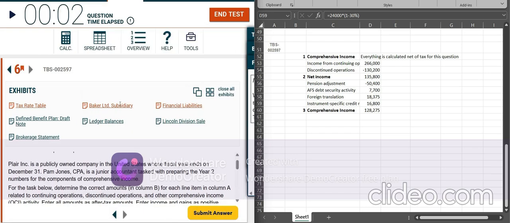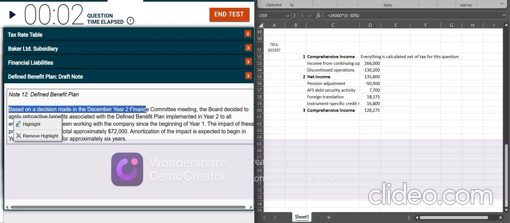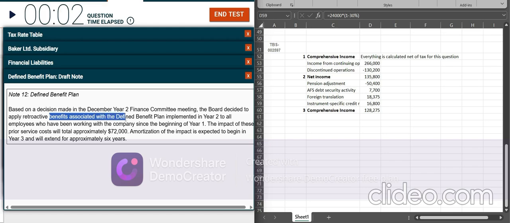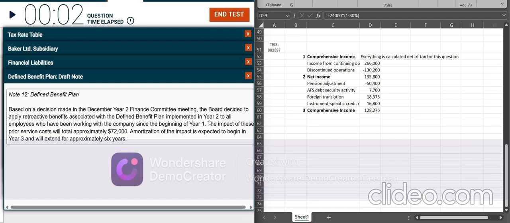Now take a look at the fourth exhibit, which is the defined benefit plan draft note. In this exhibit, based on a discussion made in the December year 2 finance committee meeting, the board decided to apply retrospective benefit associated with the defined benefit plan, implemented in year 2, to all employees who have been working with the company since the beginning of year 1.